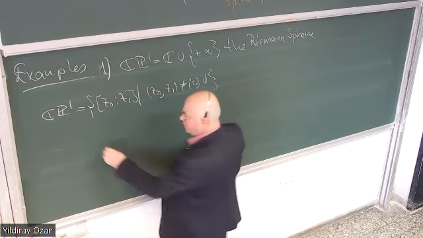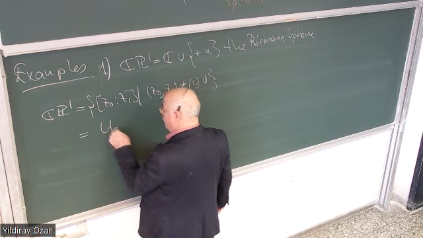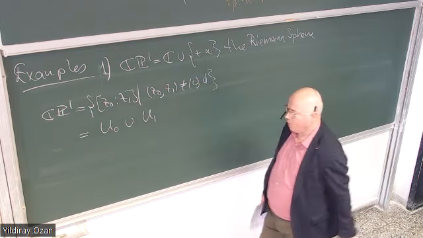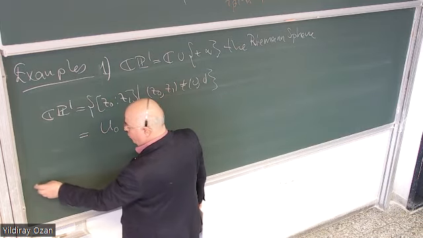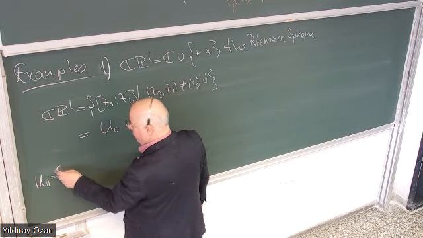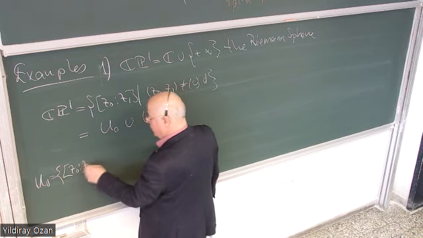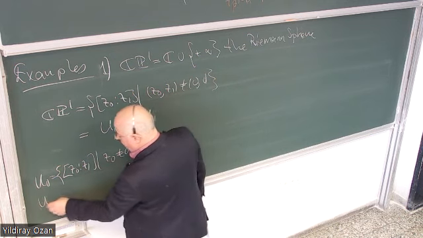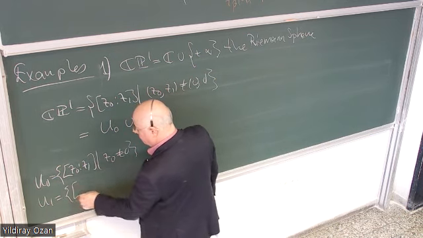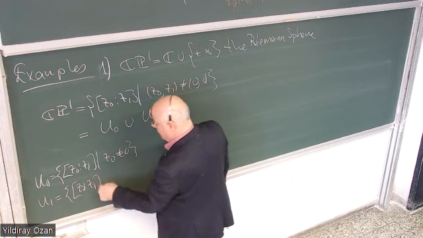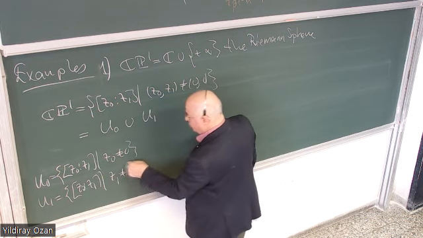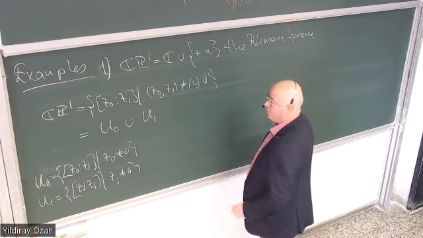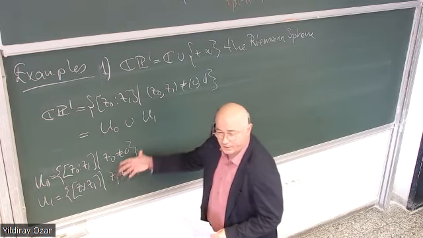And we have written this as U0 union U1. What was U0? U0 is the set of points where the first coordinate is not 0, and U1 was the set of points where the second component is not 0. So these are my open sets.